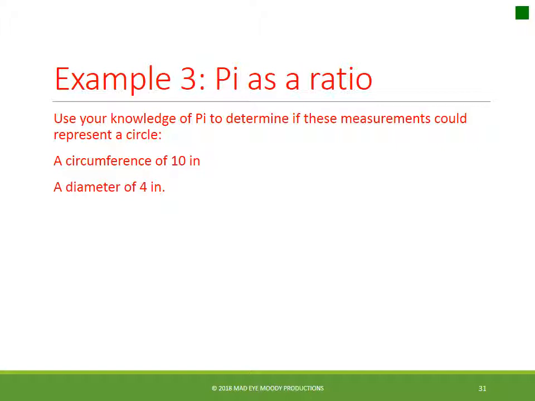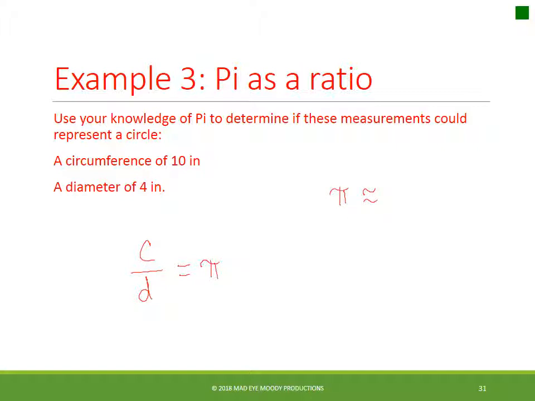Now we can use our knowledge of pi to determine if certain measurements could represent a circle. So let's say we're given the information that there's a circumference of 10 inches and a diameter of 4 inches. Could these be the measurements of a circle? Well, I know that the circumference of a circle divided by its diameter should equal pi. And I know that we approximate pi.